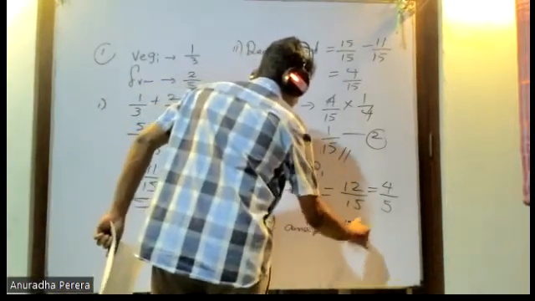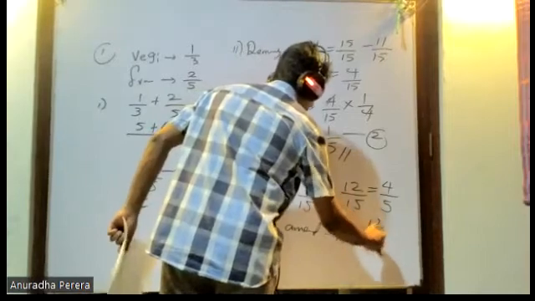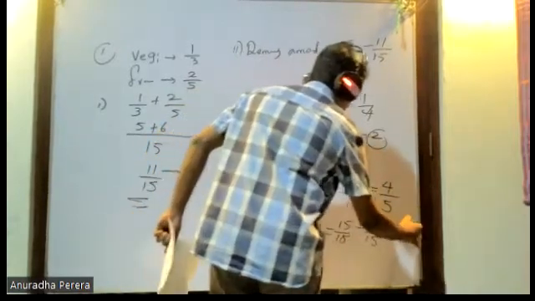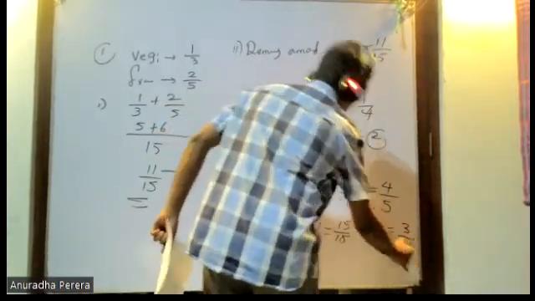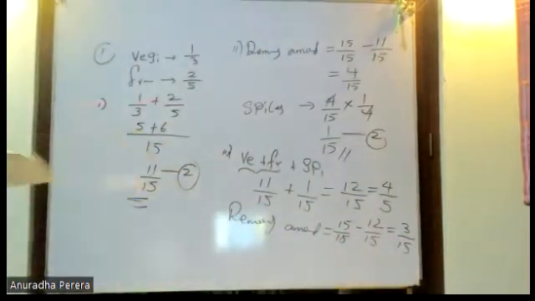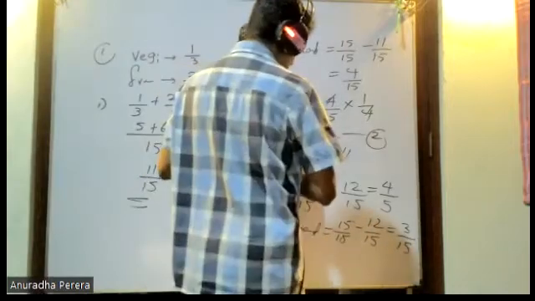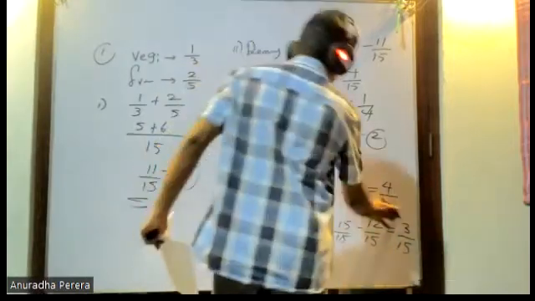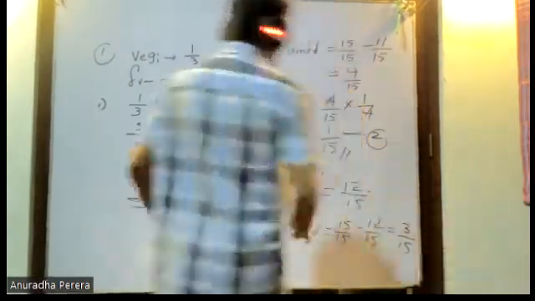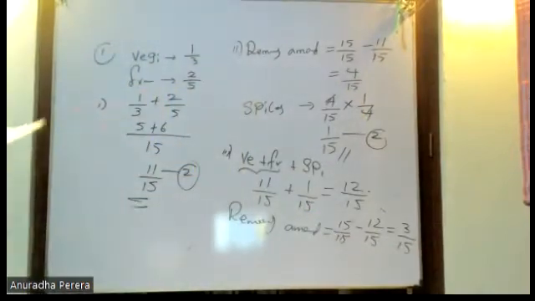The remaining amount is 15/15 minus 12/15, which is 3/15. This amount is equal to 45,000.